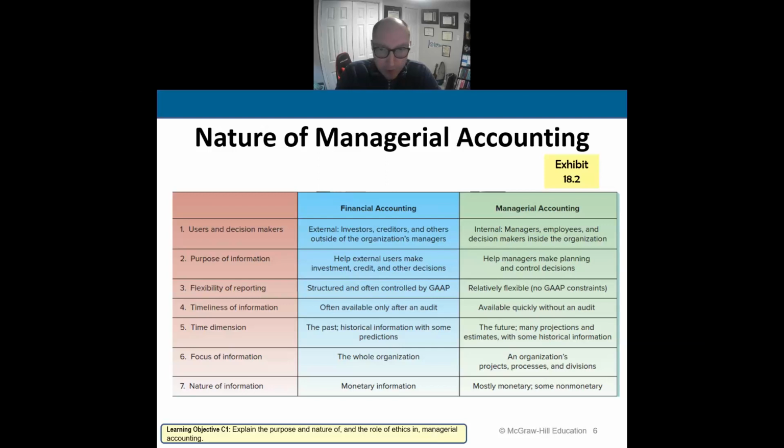The reports that we generate in managerial accounting are pretty different from the income statement, balance sheet, cash flow statement, and retained earnings. We develop internal reports like the cost of goods sold report and the manufacturing cost report. This is all internal.